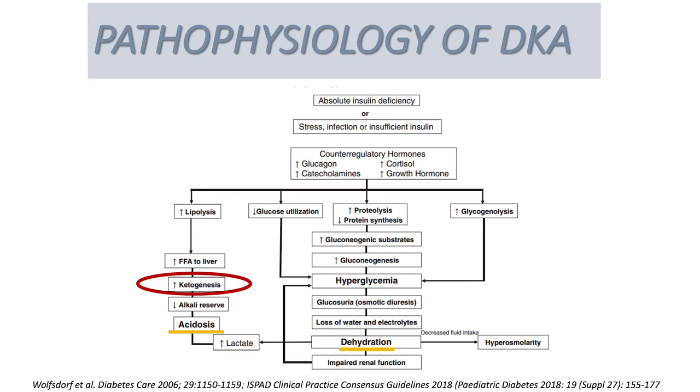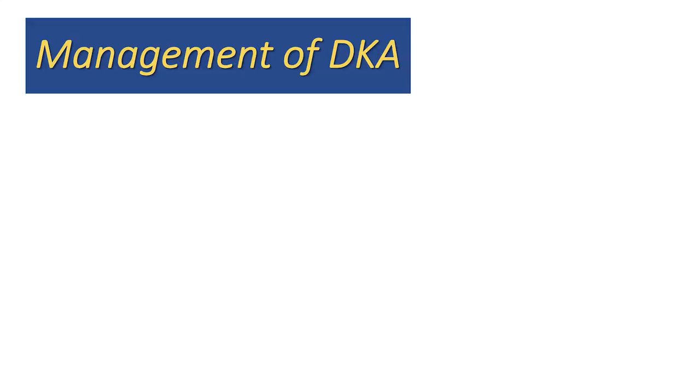The glucose depletion at the cellular level means that fat is used as the main energy source, and in the blood there are increasing levels of ketone bodies, which lead to nausea, vomiting, and acidosis. The loss of body fat, muscle mass, and water leads to weight loss, which is often observed in these patients. So how do we manage DKA?